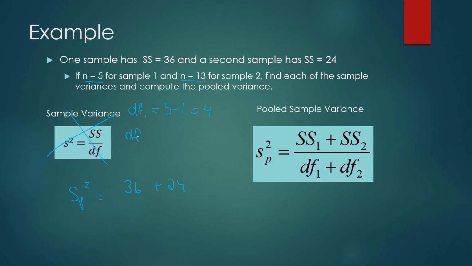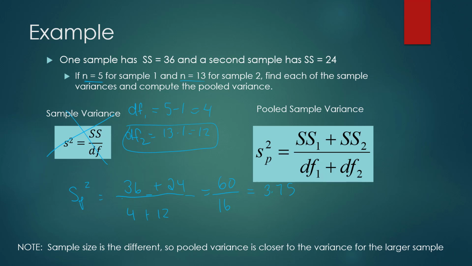Our degrees of freedom for sample 2 is 13 minus 1, which is 12. Our denominator is now degrees of freedom for sample 1 plus degrees of freedom for sample 2. The numerator is still 60, but now the denominator is 16, which gives us a pooled variance of 3.75.